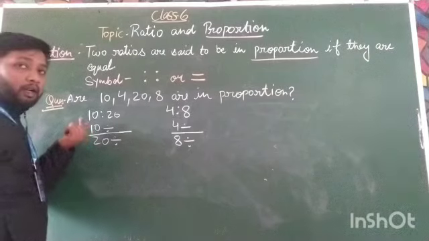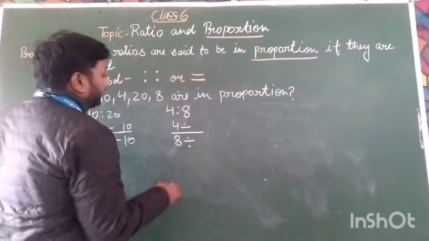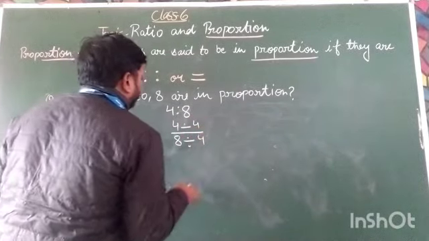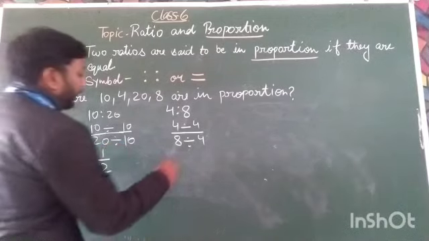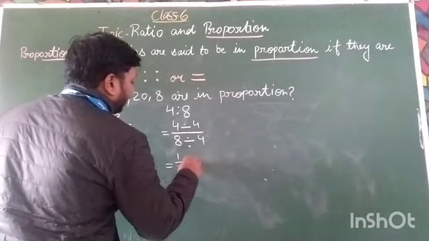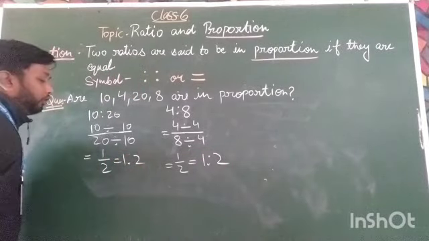Since 20 is a multiple of 10, the HCF is 10 only, and here 8 is a multiple of 4, so the HCF is 4. If we divide, we get 1 by 2, and here also we get 1 by 2. That is equal to 1 ratio 2, and that is also equal to 1 ratio 2.